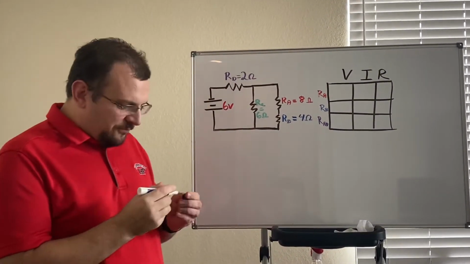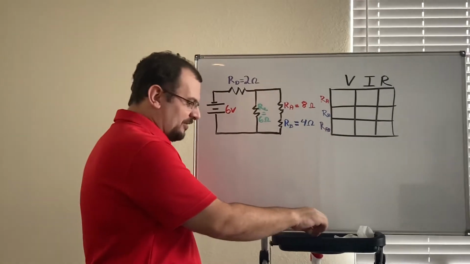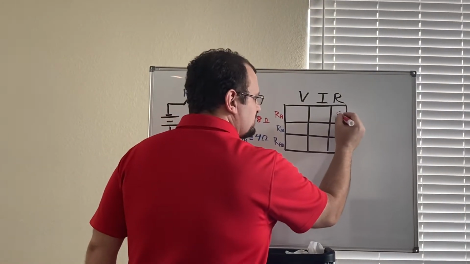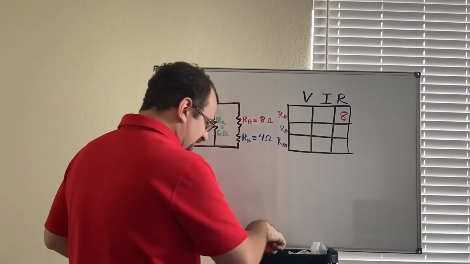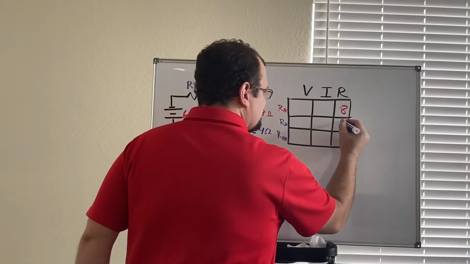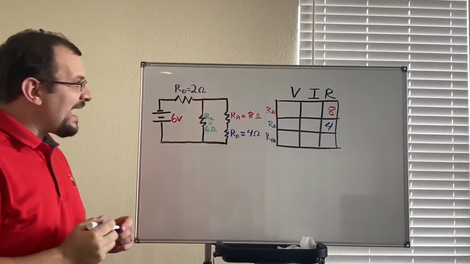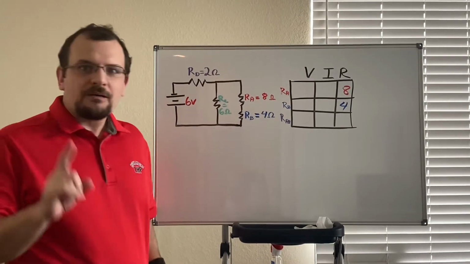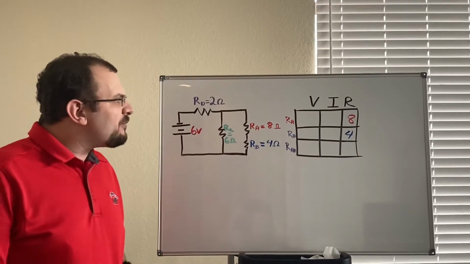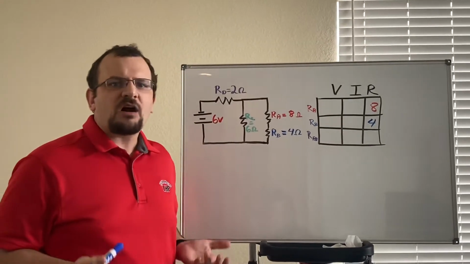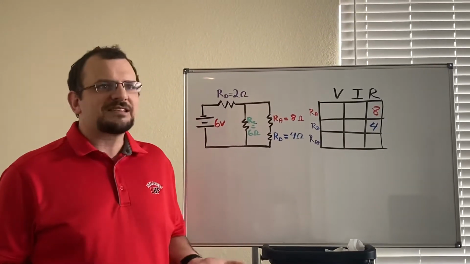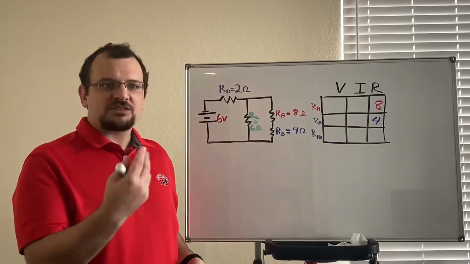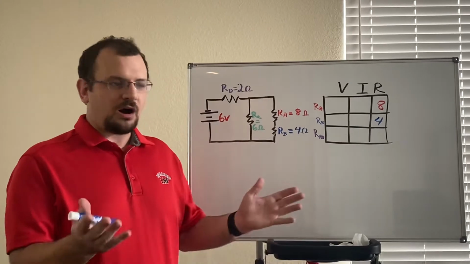All right, so let's now fill in some of the knowns that we have. We know that resistor A is 8 ohms, and we know that resistor B is 4 ohms, and that's all we know. We don't know anything more at this point, but we'll work on that. But we can now use some of our equations. For instance, adding resistors together in series, we know that RA plus RB is going to equal RAB.